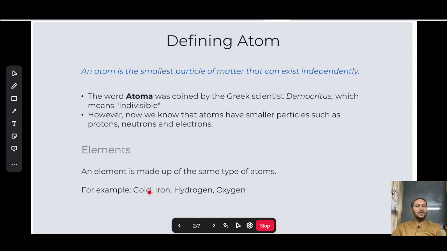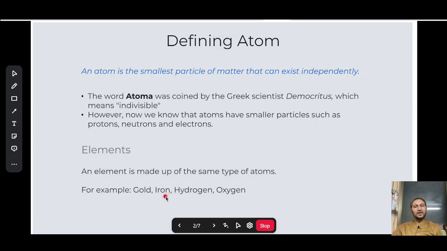For example, let us take the example of gold and iron, these are the two metallic elements. So, if we are talking about only gold, all the atoms of gold will be of similar type, their size, their atomic structure, their proton number, their color, their density, all will be similar.